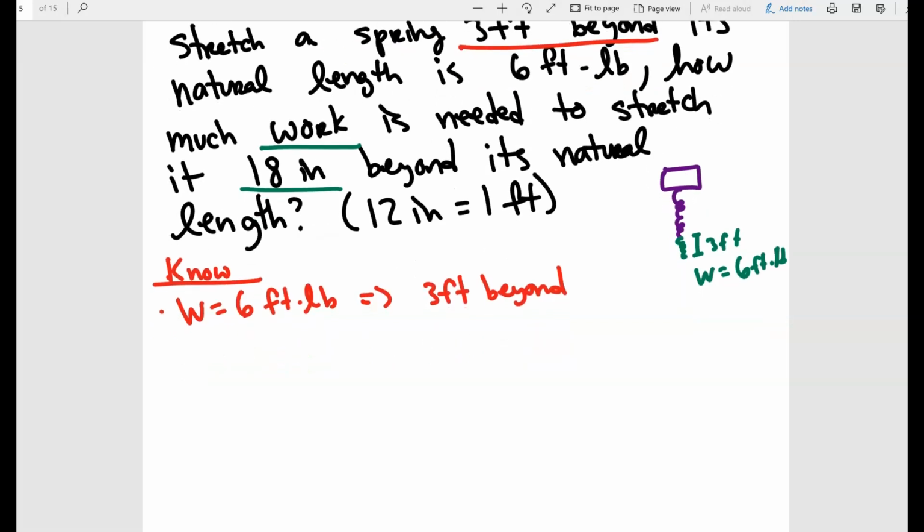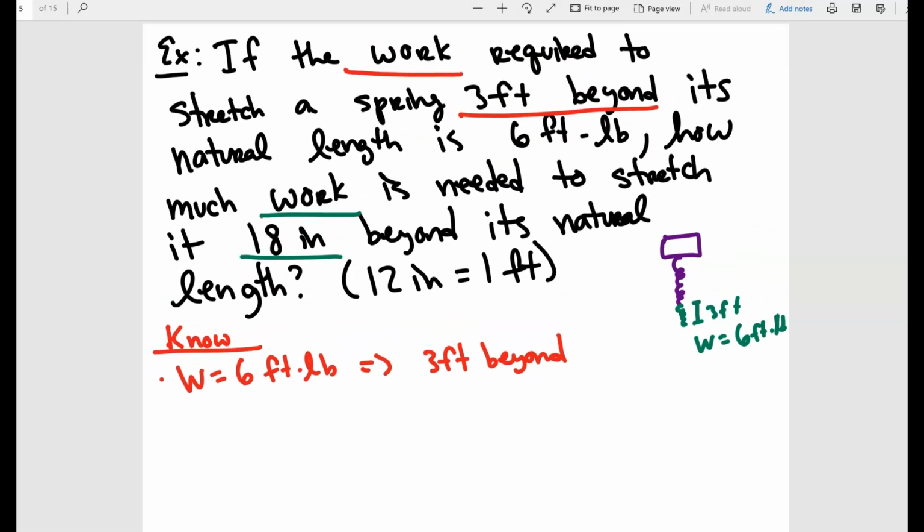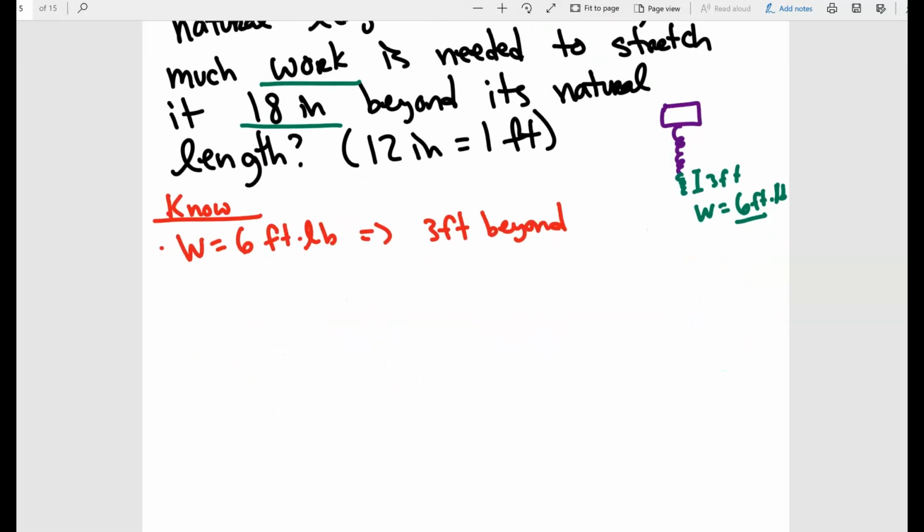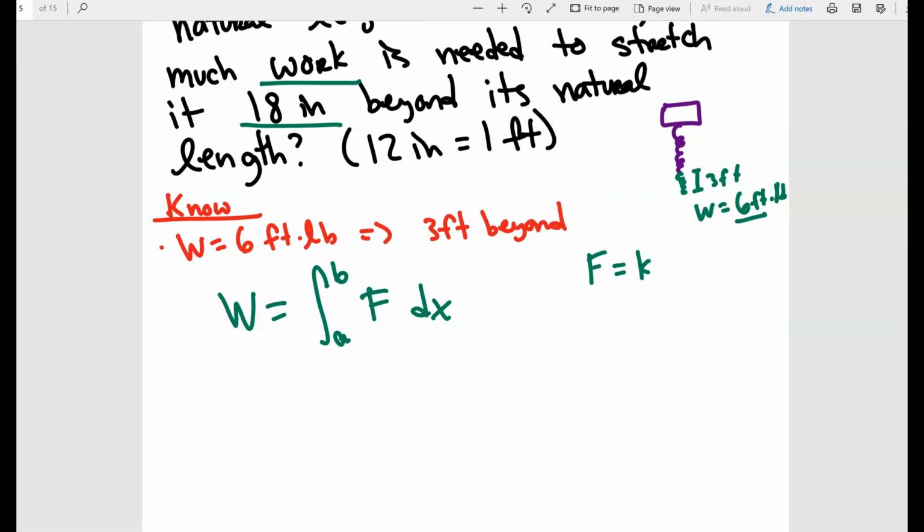Okay, so first let's start off with what we really know. How can I relate work with the distance? Well, we know that the work is equal to the integral from a to b of f dx. Now, do we know what f is? Well, f is equal to kx.